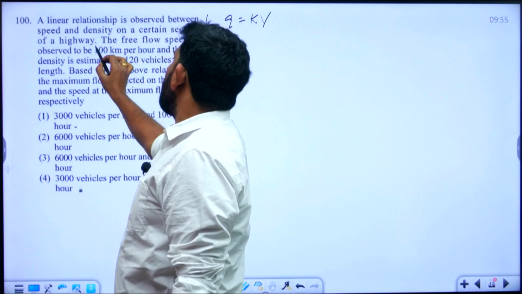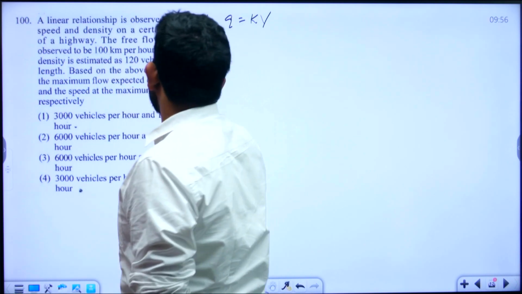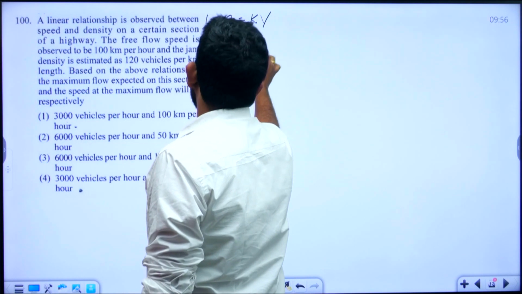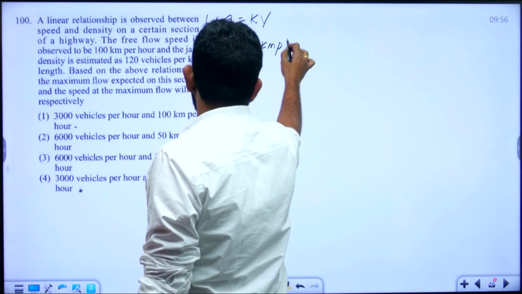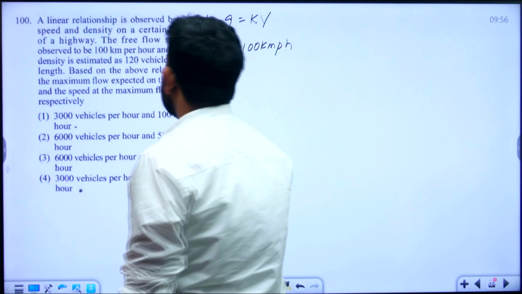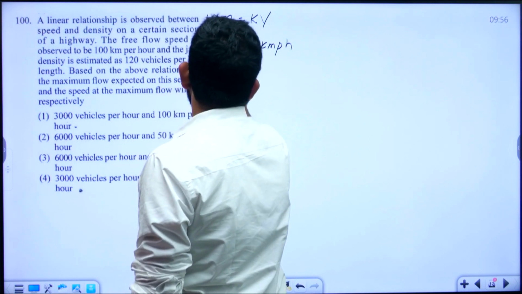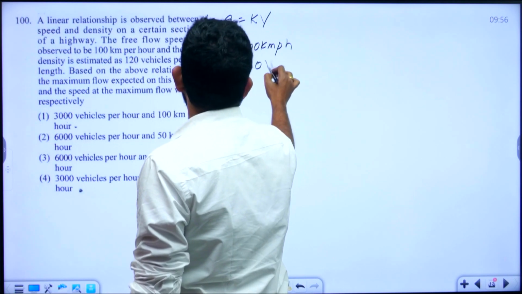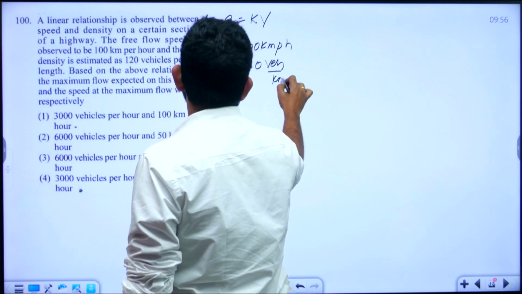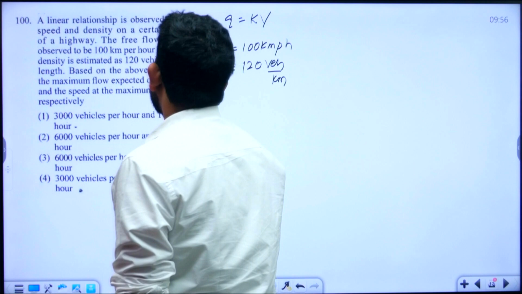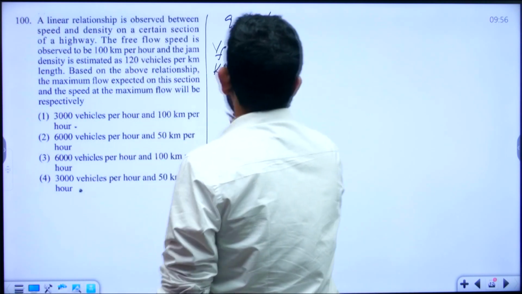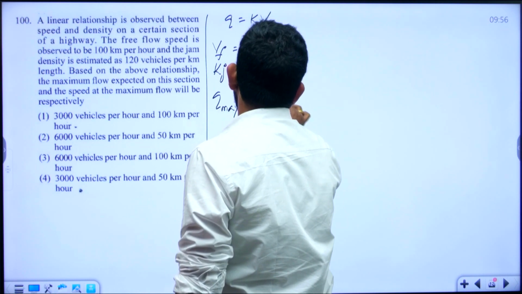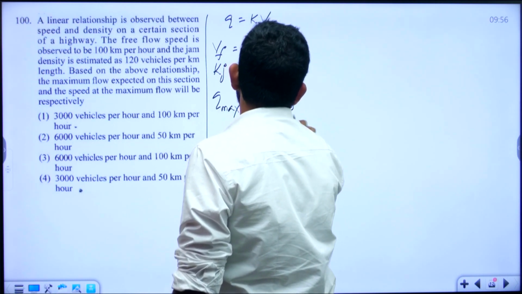On a certain section of a highway, the free flow speed is observed to be 100 kmph. Fine, this is 100 kmph free flow speed, and the jam density Kj is observed to be 120 vehicles per kilometer. Okay, fine. Based upon the above relationship, the maximum flow Q max is Vf into Kj upon 4.